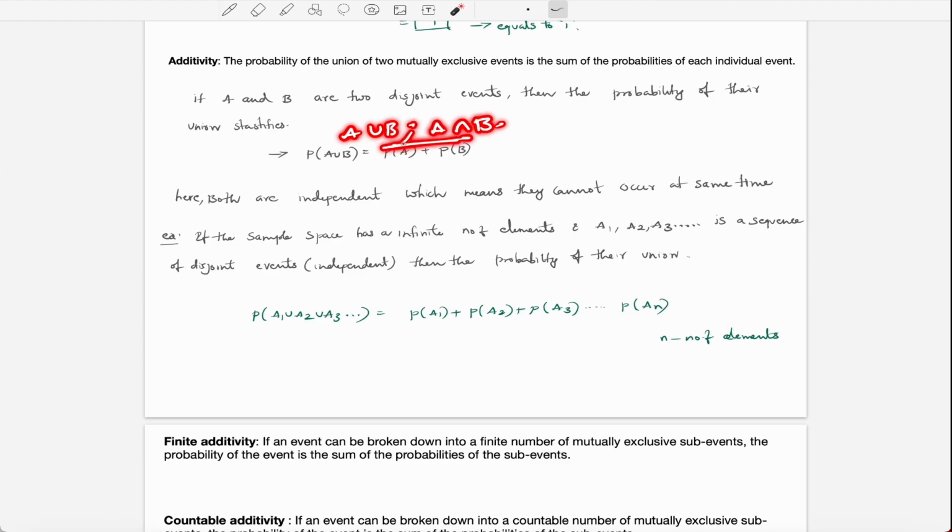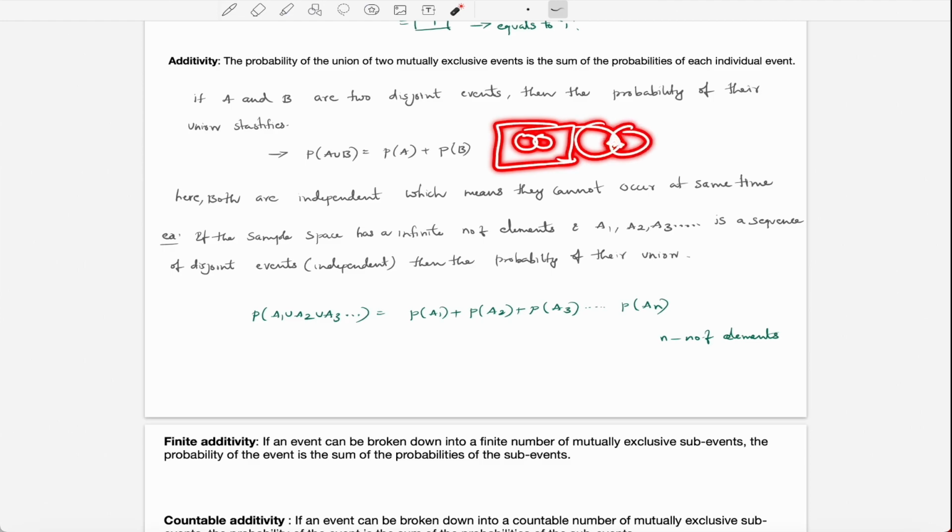If you don't know them, please research them and come back, so that it will be easy for you. The union means we simply add these two, the union is all of these, and the intersection is the overlapping part. Don't worry.